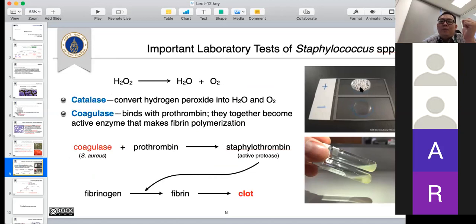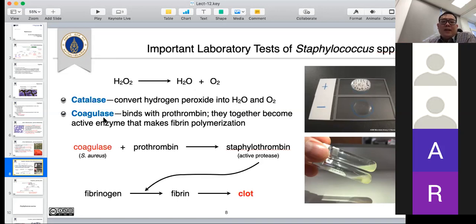If you observe a lot of bubbles within 2 or 3 seconds, this is positive because they generate water and oxygen. If you see nothing change, that means negative. So Staphylococcus are catalase positive, need to remember.